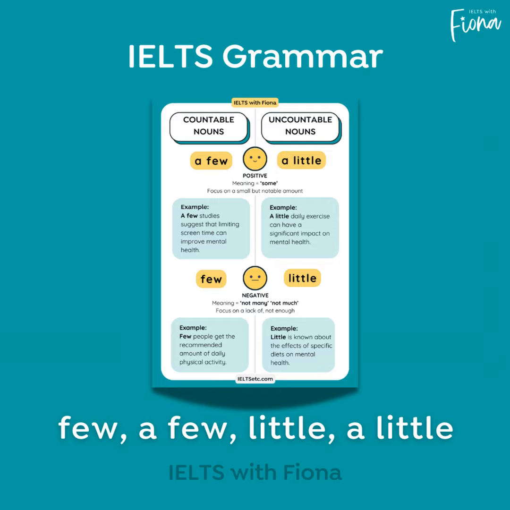And the gap fill question says the lynx presents only a minimal threat to, and the answer is livestock. So little risk translates to minimal threat. So you can see in those examples how they often use little and few in the reading.